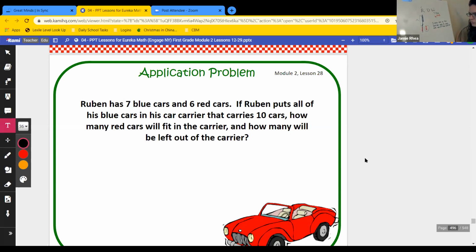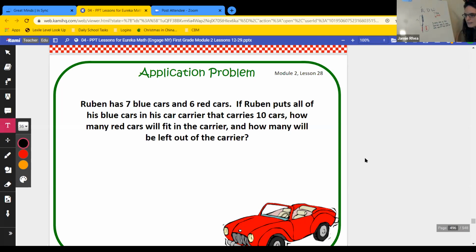Okay, so let's see. Did we read the problem? Yep. Did I draw my problem? Drew it here, and I labeled it here. Did I write out a number sentence? On this one, we did not. But did I write a statement to match my story? Yes.